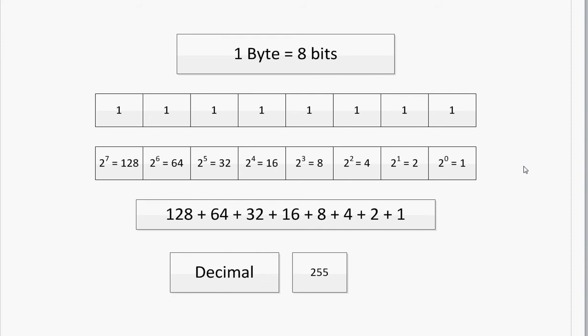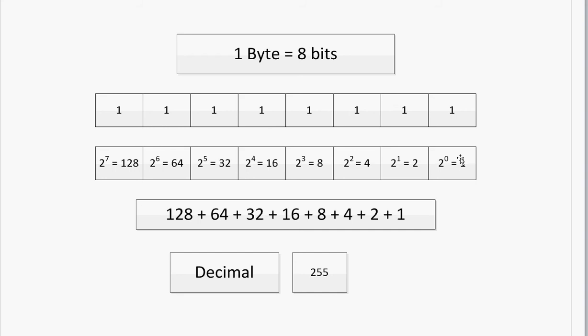Before we do IP subnetting, I will try to cover binary to decimal conversion. Let's say you have 1 byte, that is equal to 8 bits, and all the bits are set to 1. To convert binary to decimal, you just add up the exponential values of 2.